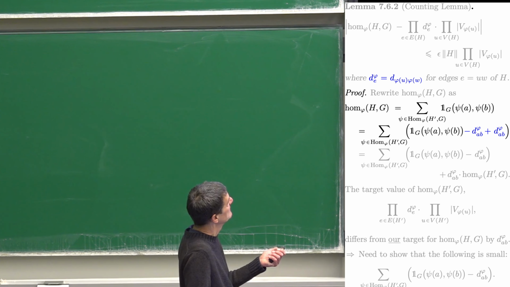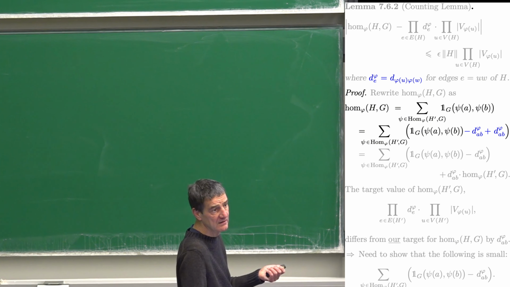What's that number? This is the density, the target density assigned to phi of A, comma, phi of B. Right?